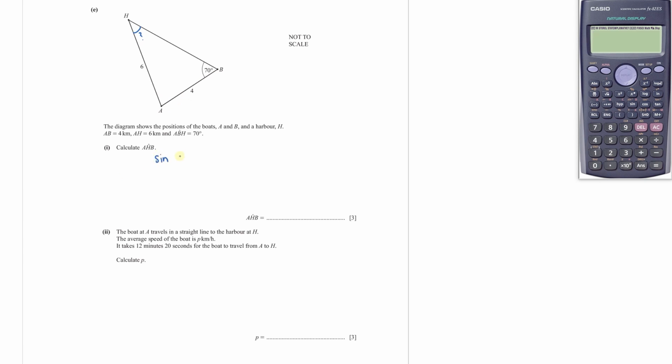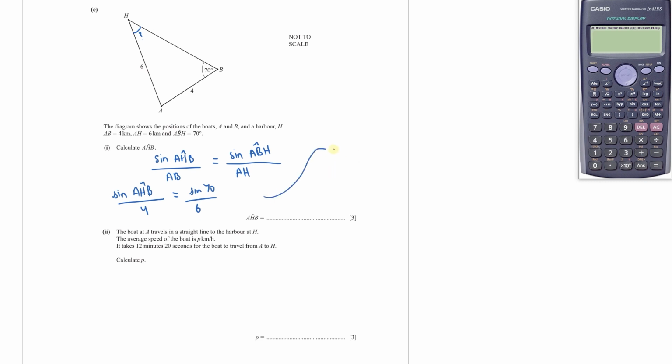So this will give us sine of AHB divided by the length AB equals sine of this angle ABH divided by this length AH. So let's substitute the values. Sine of AHB will remain the same as this angle is unknown. AB length is 4. Sine of ABH will be sine 70 degrees divided by AH is 6.